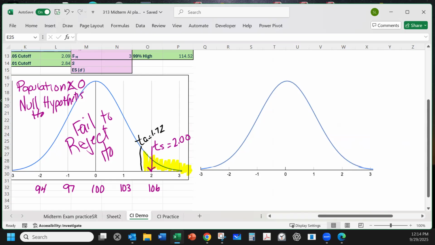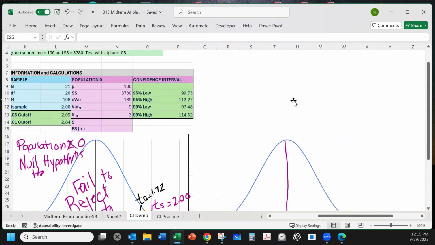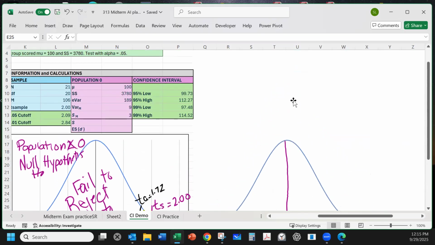So what we do to think about a confidence interval is we think about, okay, this was the mean, the 2.00 was the mean for our sample. What does that translate to then? The actual mean score for our sample was 106.